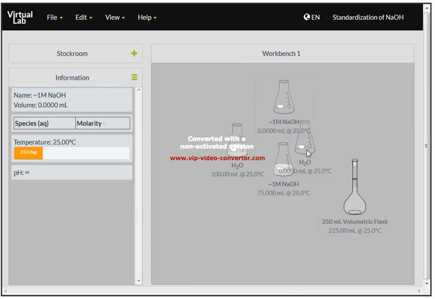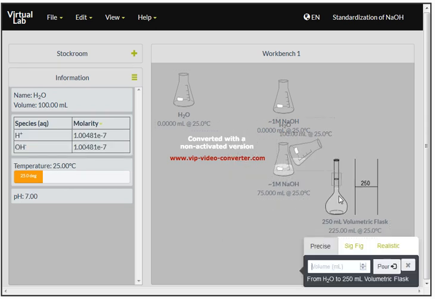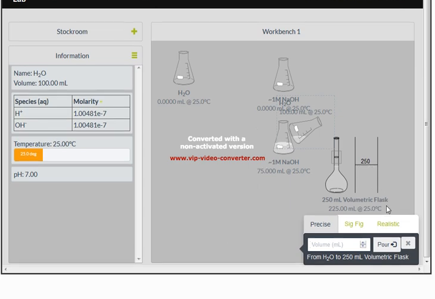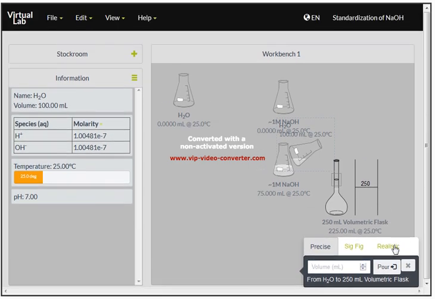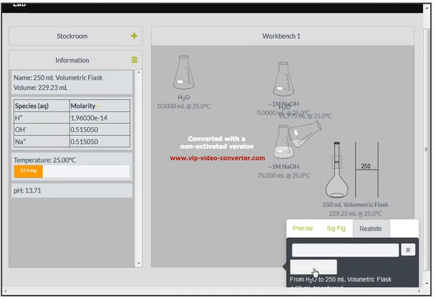After you add the first 100 milliliters of distilled water, you should add the remaining amount slowly in order for the meniscus to reach the 250 milliliter mark as indicated on the flask. To do this, you can go through the realistic setting and slowly add water to the 250 milliliter mark.